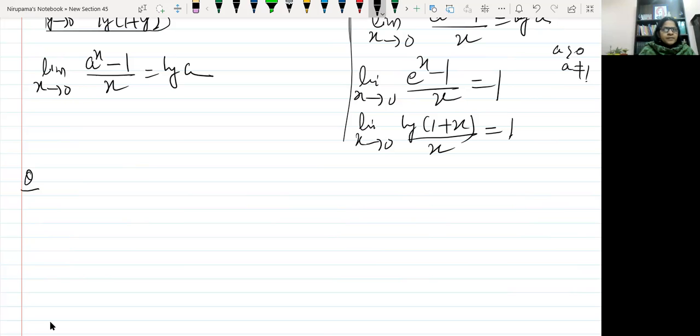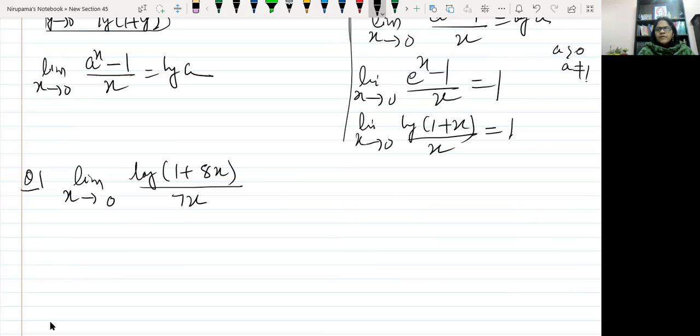For example, the first question: limit x approaches 0, log 1 plus 8x divided by 7x. As per the standard form, this is log 1 plus x by x. You have to observe that 1 plus something should be in the numerator and that same quantity should be in the denominator, and that quantity should approach 0. Here it is 1 plus 8x, so we need to convert it into standard form.